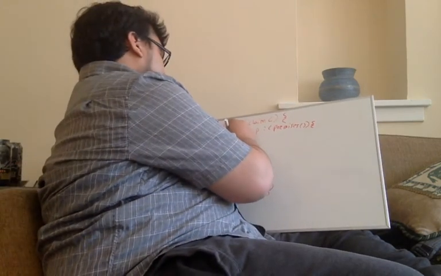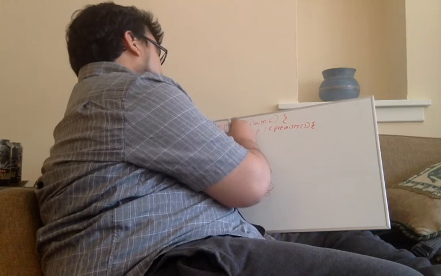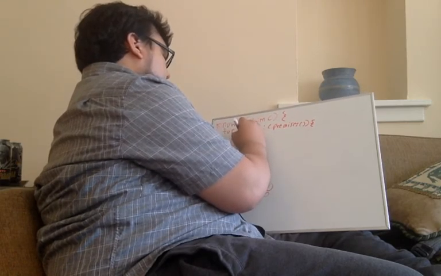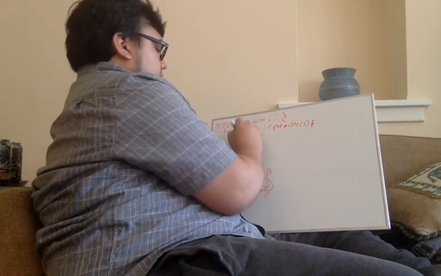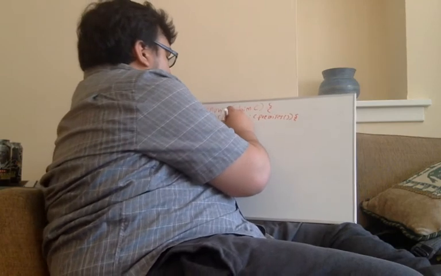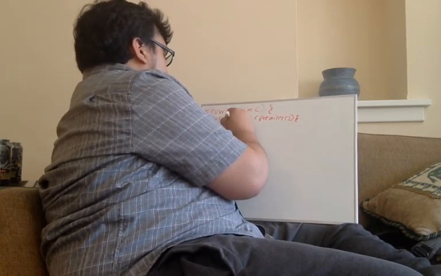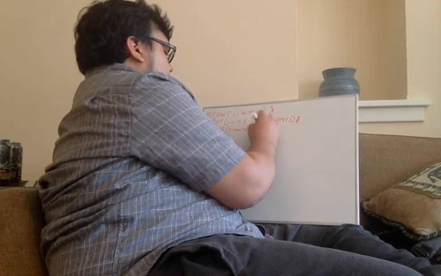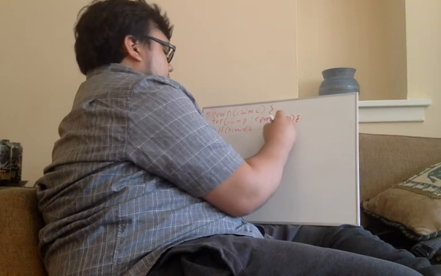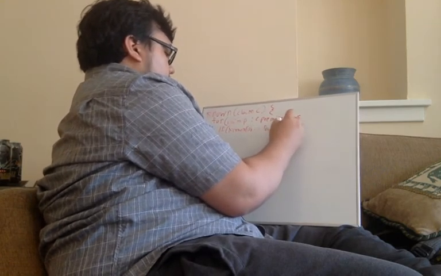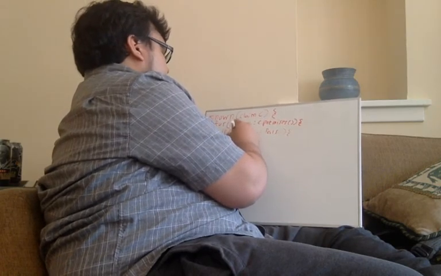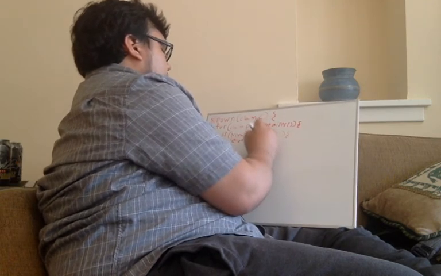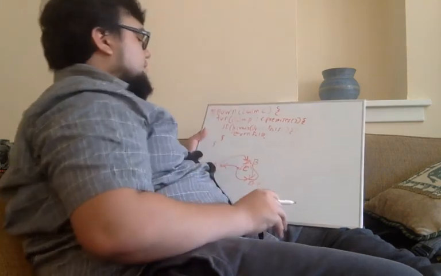So it's, if known of P equals false, so if it's not known, then return false, right?